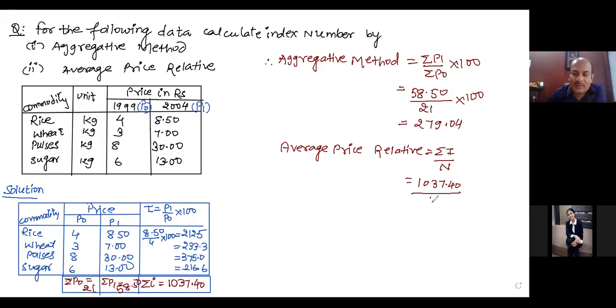So in our case, there are 4 commodities, which is equal to 259.35.